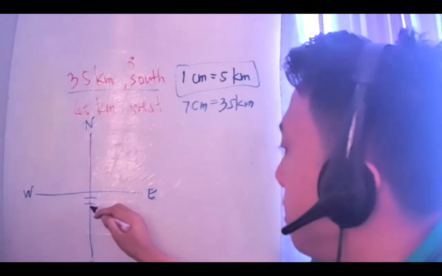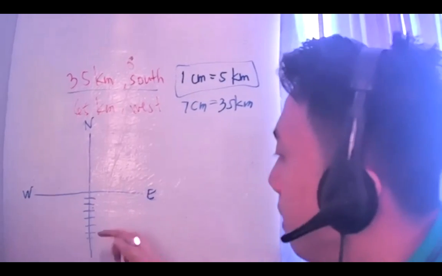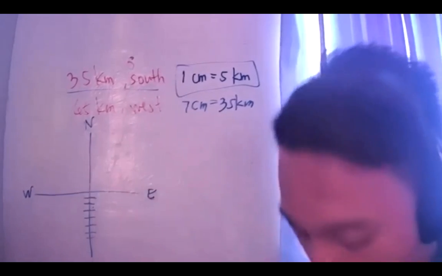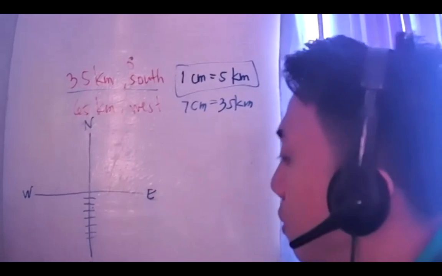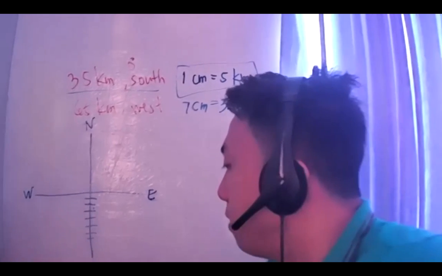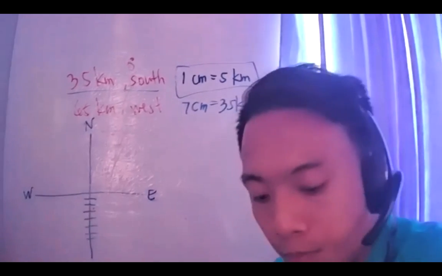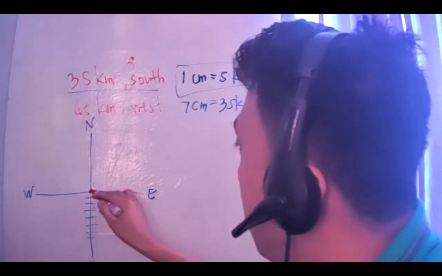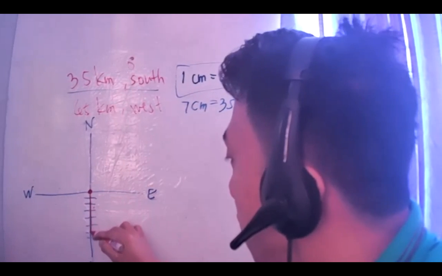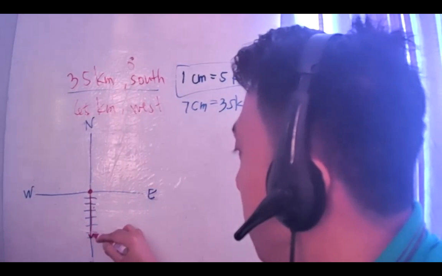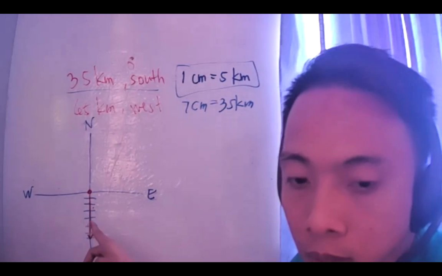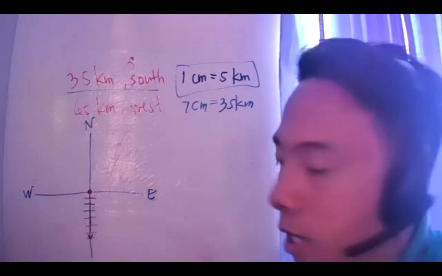So I will draw 7 lines sa south, because it's going to south. From here, draw tayo ng arrow up to here. That will be our first vector.